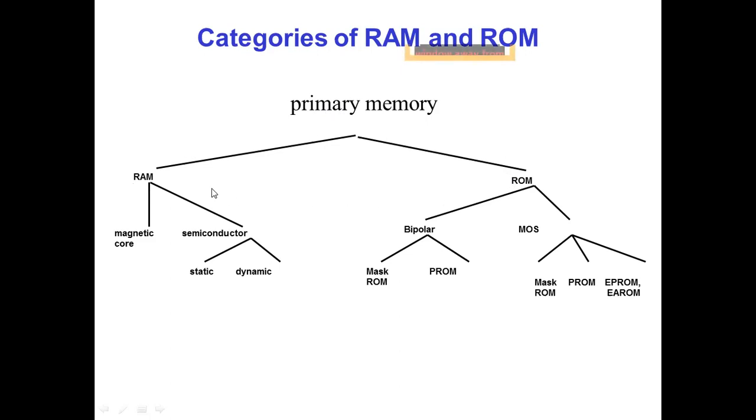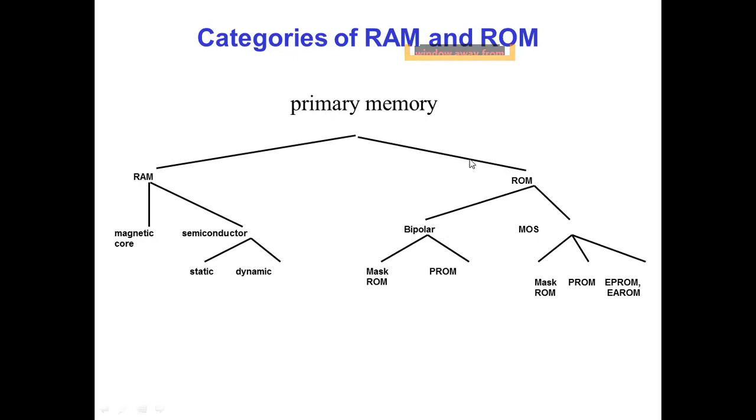RAM, random access memory, is the temporary memory. It holds the data for a particular duration only. As you switch off, the data goes forever.